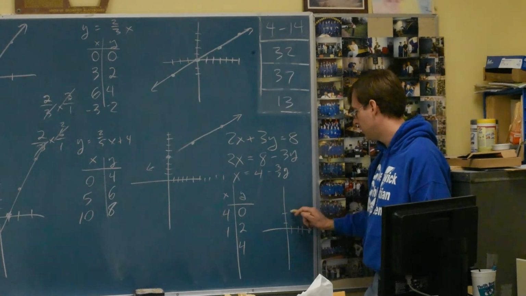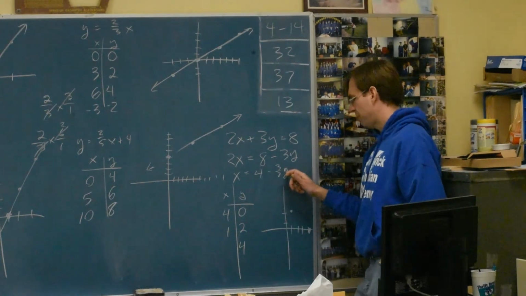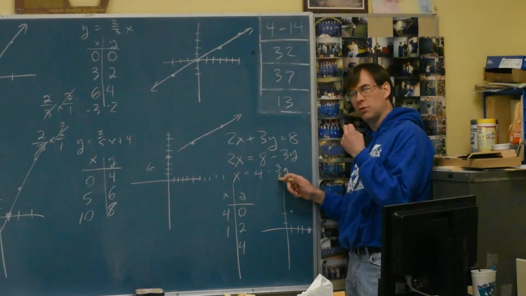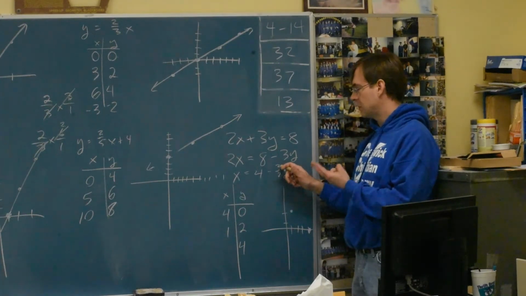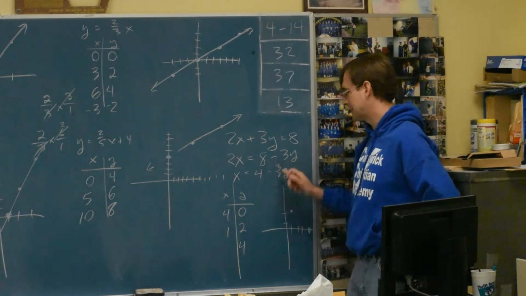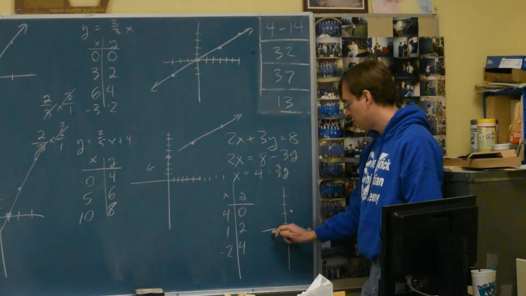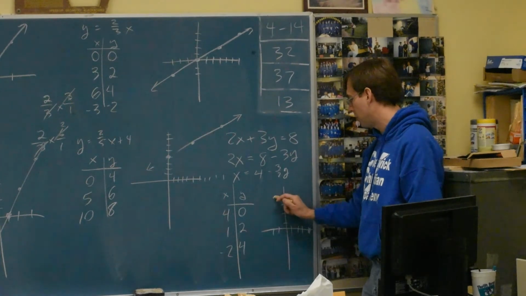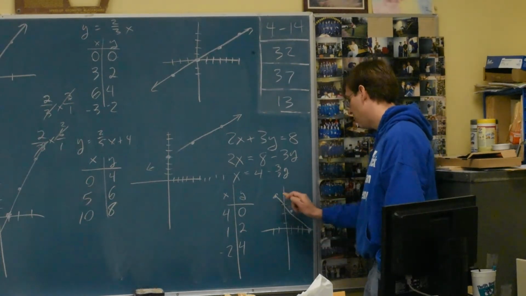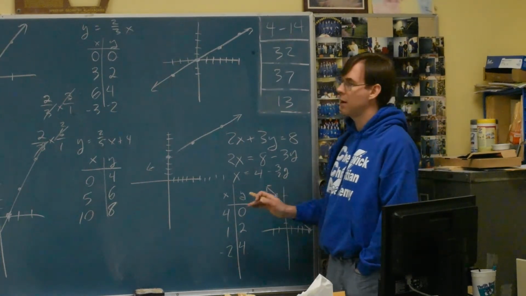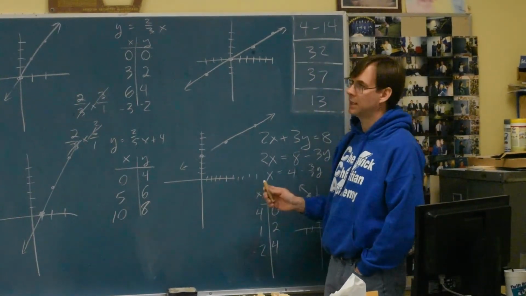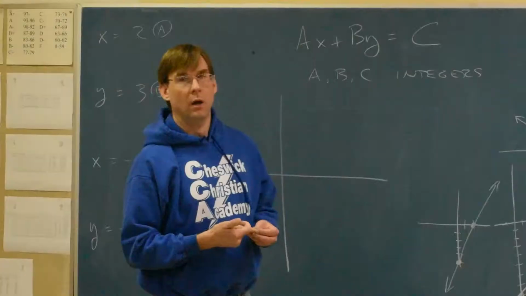So 1, 2 is here. If 4 goes in, 4 cancels 2, leaving 2. Times 3 is 6. 4 minus 6 is -2. So if I go -2, 4, that's left 2 and up 4. Play connect the dots, go arrows, and then I'll have to take a stop back to the left.